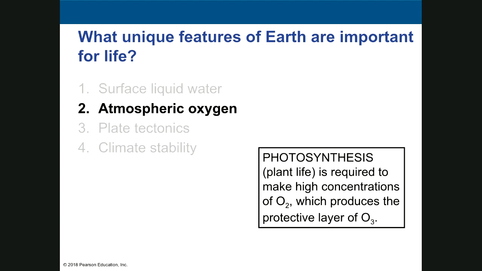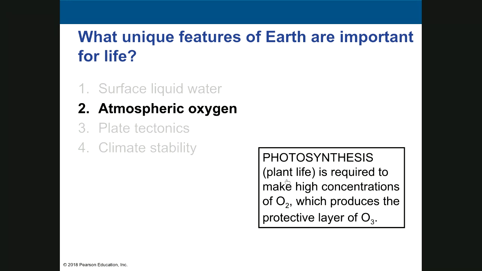Atmospheric oxygen is one of the things to tell if there is life on a planet: you can just look for a large oxygen content. That's indicative of life because photosynthesis is required to make high concentrations of oxygen, which produces the protective layer of ozone. So plants will undergo photosynthesis.